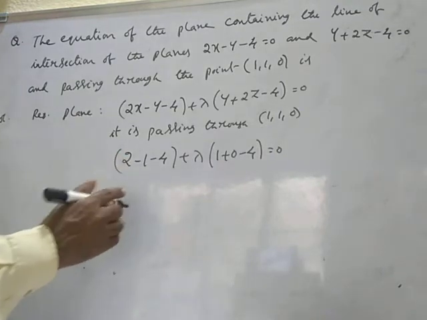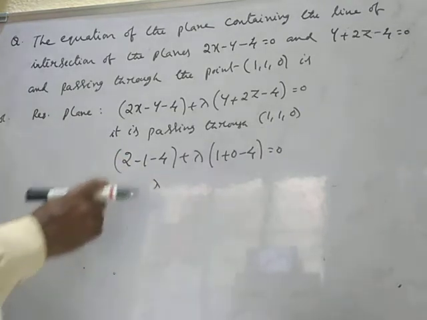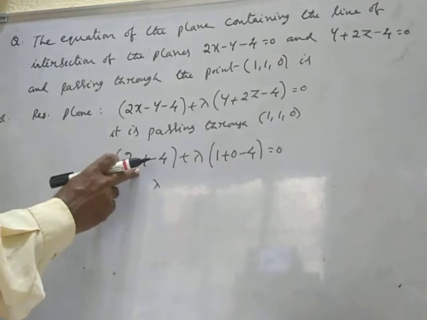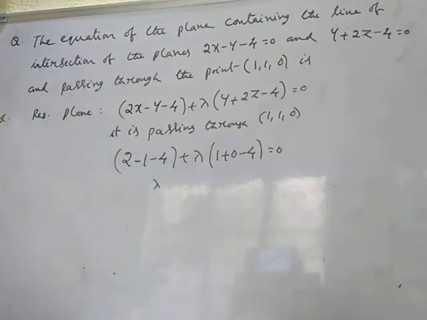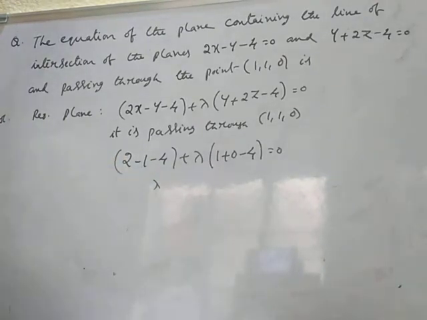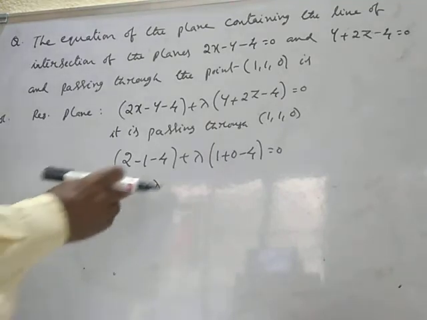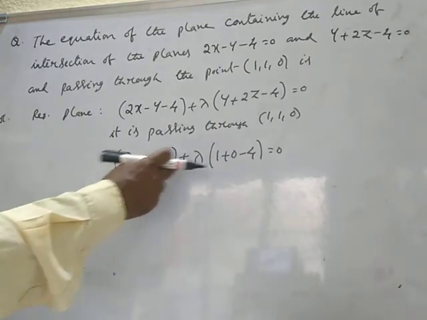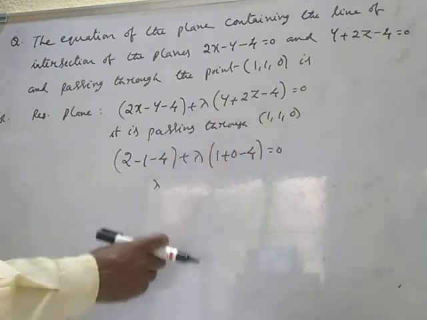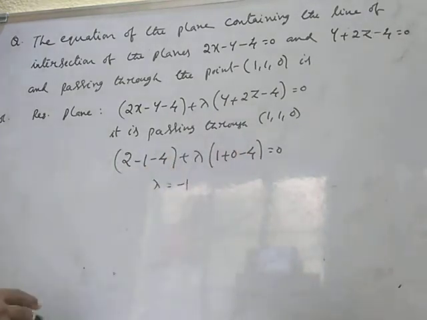From this, lambda is equal to 1 minus 4. Lambda is equal to minus 1. By simplification, we get that it is also 1 minus 4. So lambda is equal to minus 1.